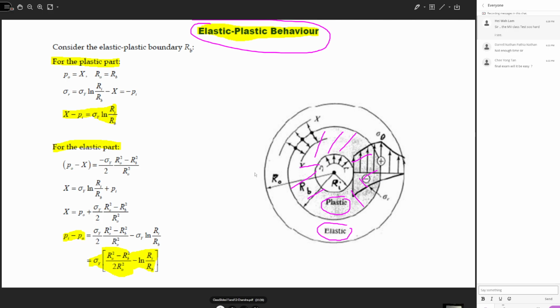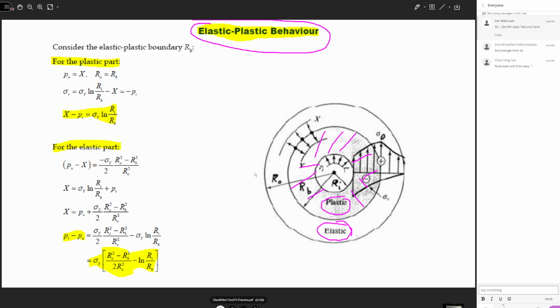That means the thick wall cylinder is partly under plastic conditions and partly under elastic conditions. The region closer to the outer radius will be elastic, and the region closer to the inner radius will be plastic, because the yielding commences mainly from the inner cylinder.